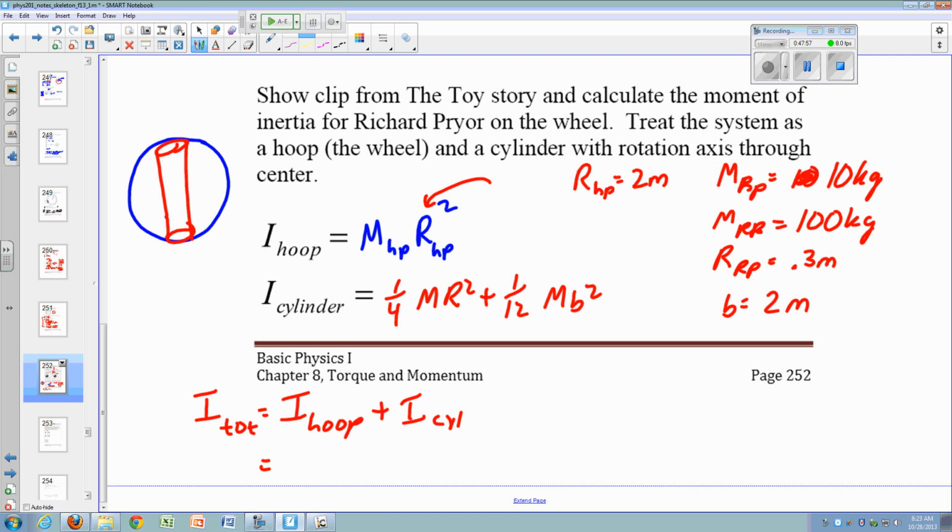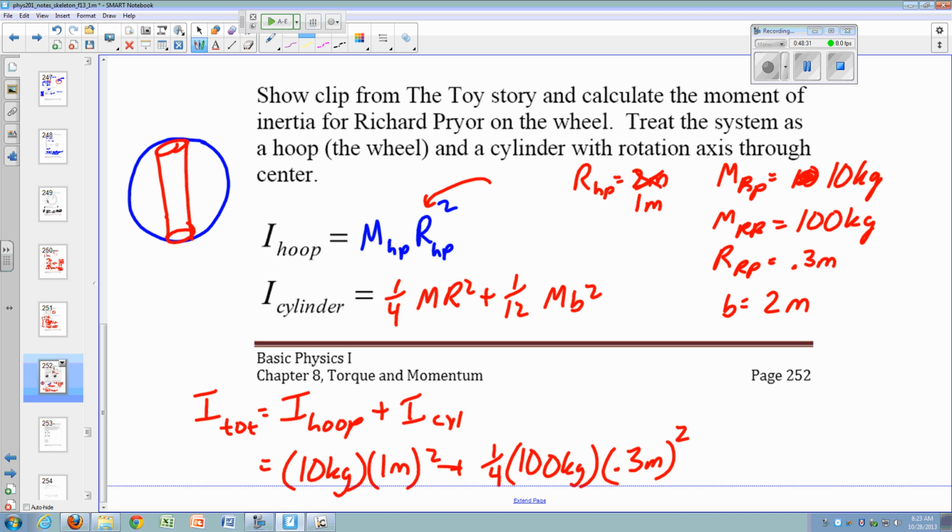And the hoop is going to be 10 kilograms times r squared, where the radius of the hoop, I'm sorry, will be 1 meter, which is half his height, times 1 meter squared, plus the moment of inertia of the cylinder, which is going to be 1/4 of 100 kilograms times 0.3 meters squared.